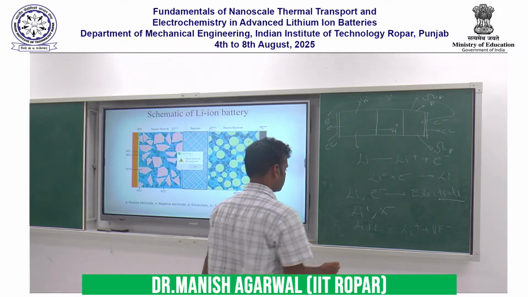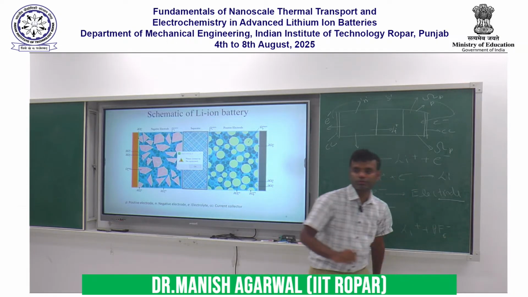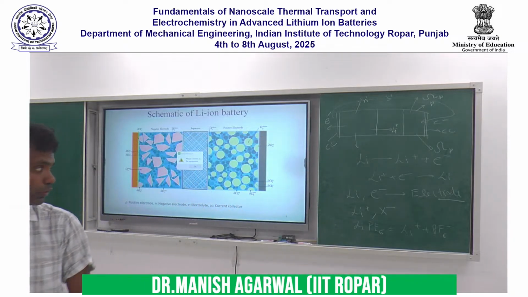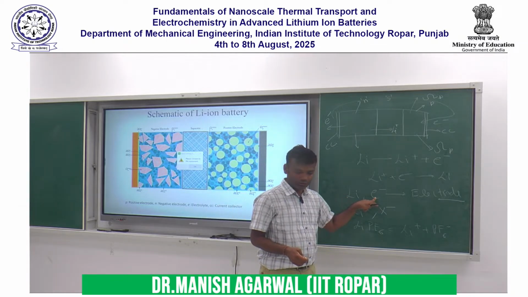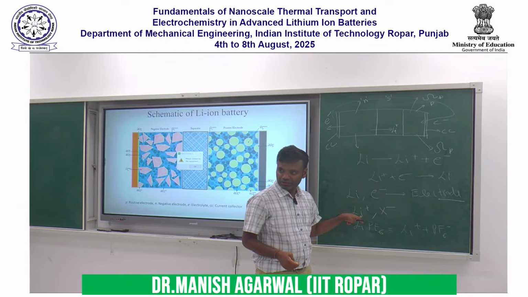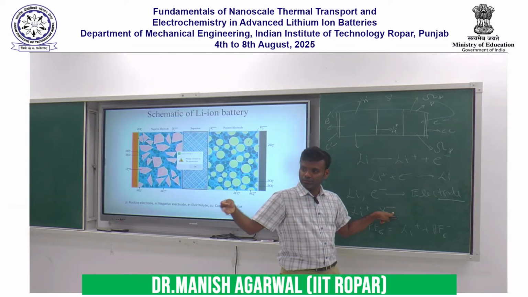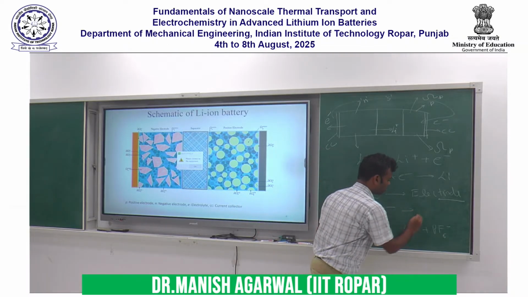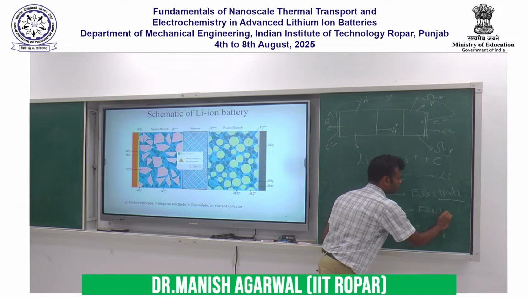So in the electrode we have lithium and electrons. In the electrolyte we have the lithium ion, and I am writing X minus as some kind of anion.